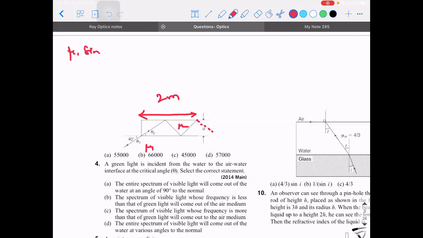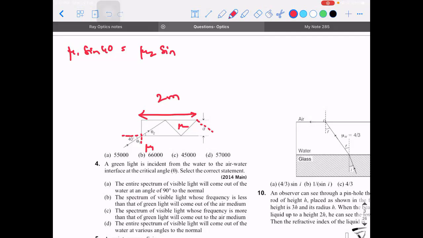So mu1 times sine 40 is equal to mu2 times sine of theta 2.